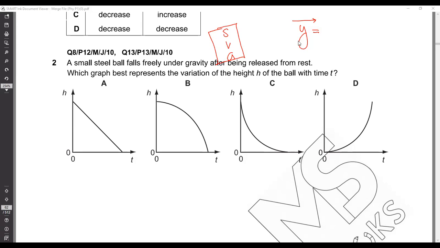So I was saying, what is on the y-axis? The height, which is actually the displacement. So what will be the gradient of this graph? If you have height, which is actually a displacement, on the y-axis, and on the x-axis you have the time, what's the gradient of a displacement versus time graph?